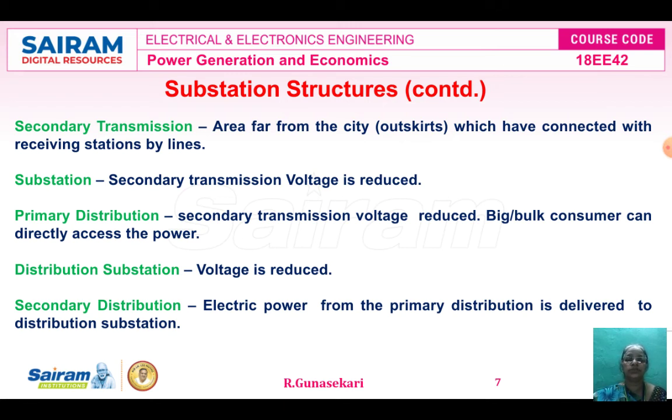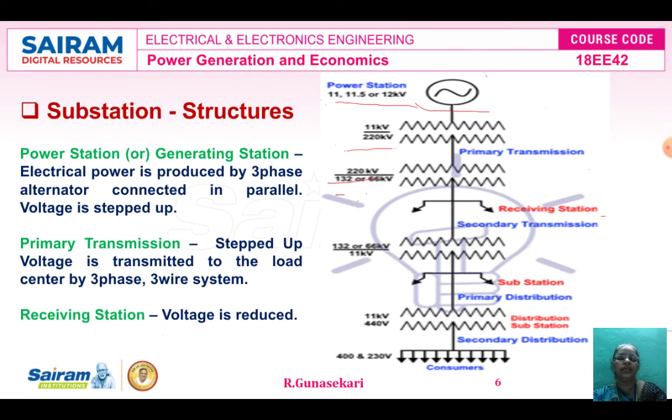From the distribution substation, the power is transferred to secondary distribution at 440 volt. After that, the 440 volt is again stepped down to 400 volt for the 3-phase system and 230 volt for the single phase system. So this is the structure of the substation.